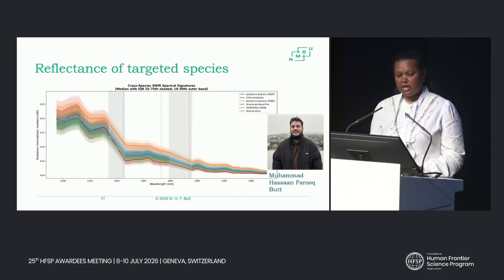So this is the reflectance of the targeted species, 5 different species, including 2 Juniperus from different areas. The Juniperus are represented by blue, while the Faidherbia is represented by orange. They have more or less the same reflectance.